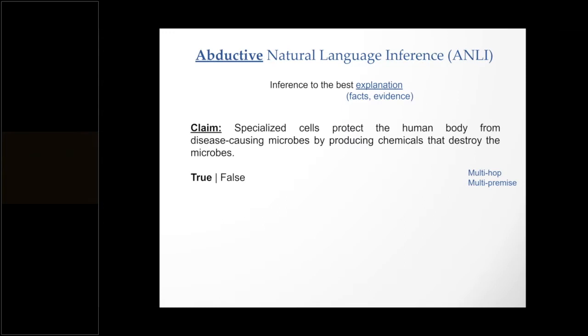So let's start defining abductive natural language inference. It essentially means inference to the best explanation, using facts and evidence, and using, for example, a problem that we call explainable entailment here. So given a certain scientific claim, a quite simple scientific claim, determine if this is true or false according to existing evidence.